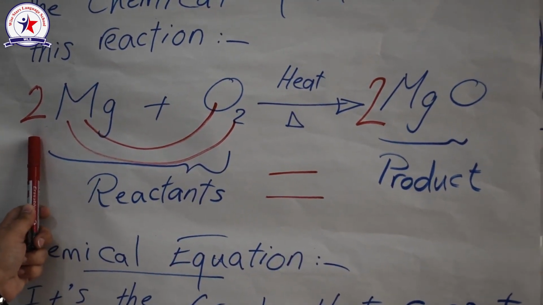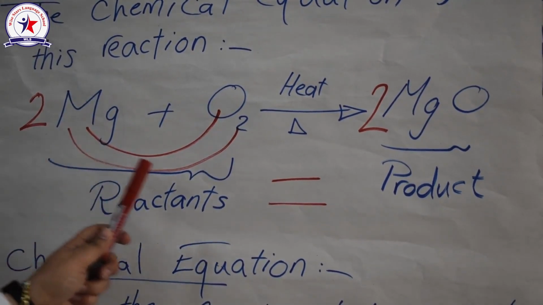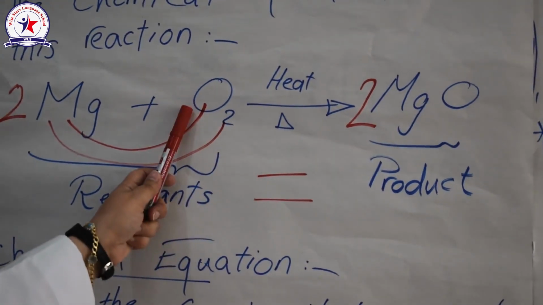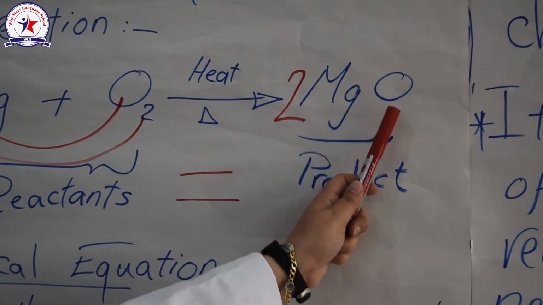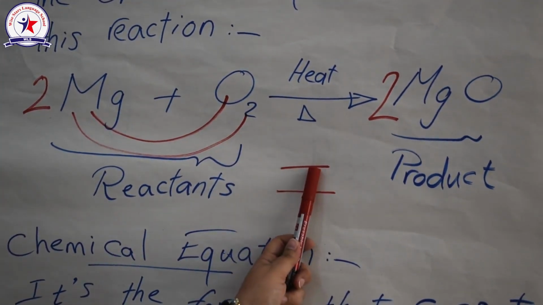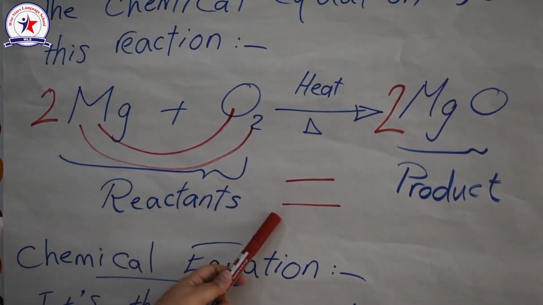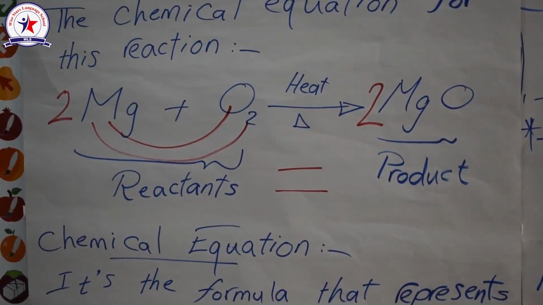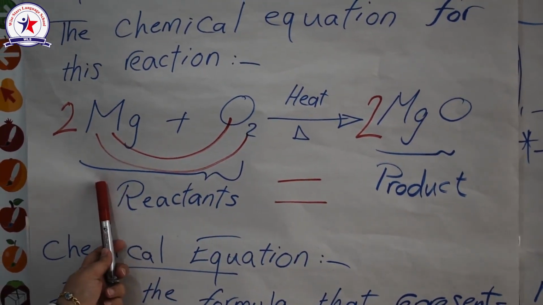So now let's count again. 2 magnesium atoms enter, 2 magnesium atoms are produced, 2 oxygen atoms enter, and 2 oxygen atoms are produced. Now this chemical equation is balanced. The number of atoms of reactants is equal to the number of atoms in the product. So this is called the balancing of the equation.